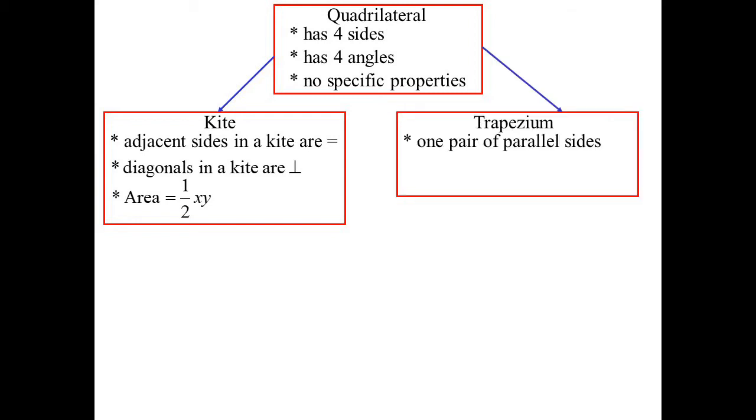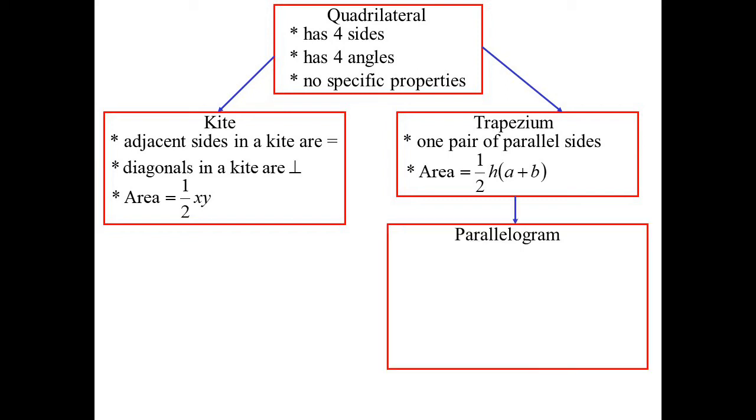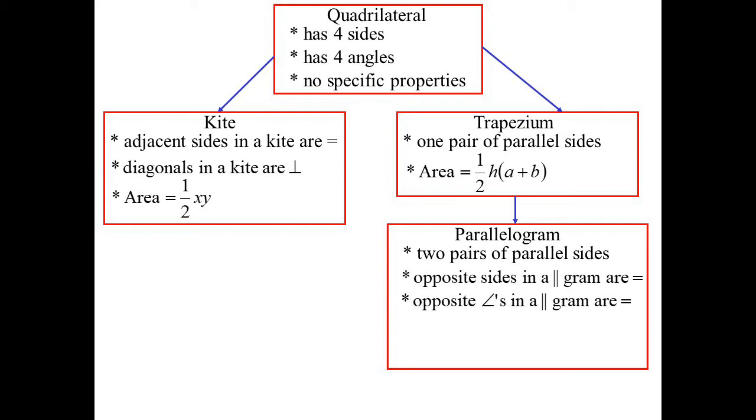Trapezium, one pair of sides are parallel. And the area for that one, half height, a plus b, the sum of the parallel sides. Okay, the trapezium can branch down to the parallelogram. And now we have 2 pairs of parallel sides. Opposite sides in a parallelogram are the same length. Opposite angles in a parallelogram are the same size.